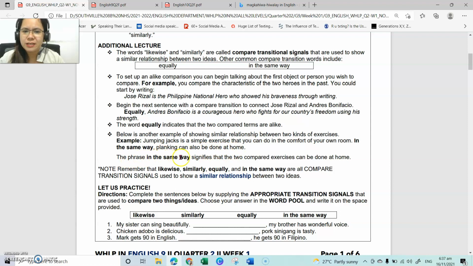The phrase "in the same way" signifies that the two compared exercises can be done at home. Note, remember that likewise, similarly, equally, and in the same way are all compare transition signals used to show a similar relationship between two ideas.